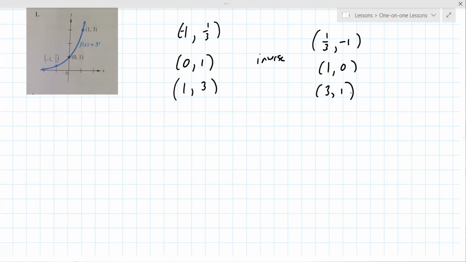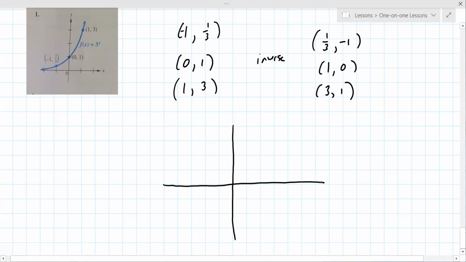If you graph those points, I guess you don't really have the ability to do this, but it's better if you can graph them on the same window. So 1/3, -1, 1, 0, 3, 1. The inverse is mirrored over the line y equals x, and this one has a graph that looks like this.